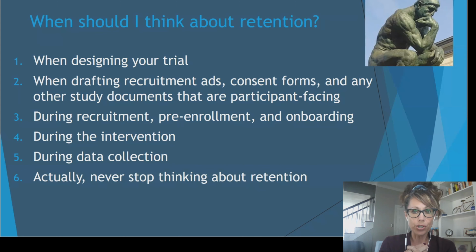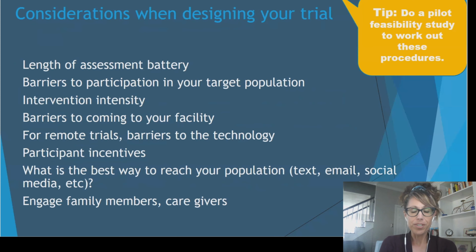We'll talk about some things you can do during those phases to enhance retention. You want to think about retention during the intervention, during data collection, of course. Actually, never stop thinking about retention. So all through the course of from writing the grant to collecting that last follow-up data point, you want to have retention on your mind and different procedures to maximize your retention.